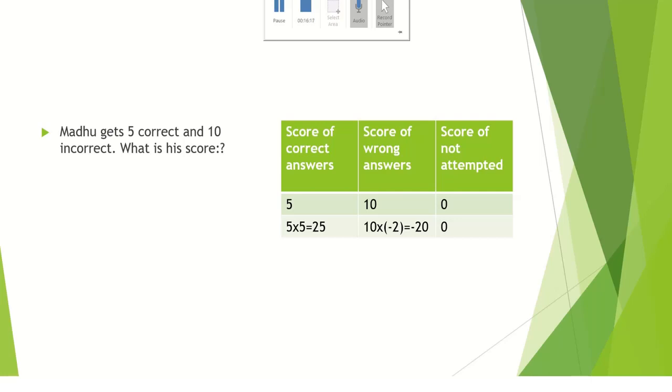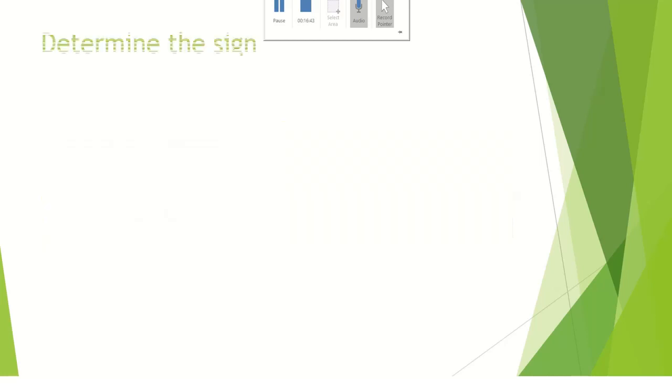And score of wrong answers, 10 into minus 2, which is equal to minus 20. Score of not attempted is 0. So when you take the total score, it is equal to 25 plus minus 20 plus 0, which is equal to 25 minus 20, only 5 marks. Madhu scores 5 marks.